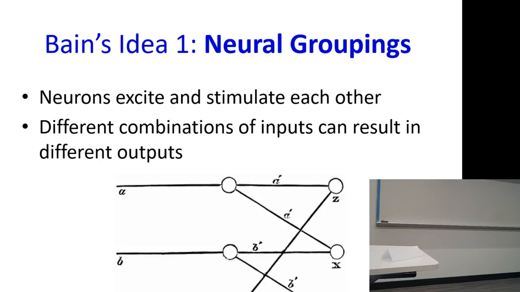I can have a single network with a fixed set of connections, and based on how the connections are formed, the network can produce different outputs for different inputs. So here, for example, if A and B fire, X is going to fire. If A and C fire, Z is going to fire. If B and C fire, Y is going to fire. So it's the same network, but different combinations of inputs are going to produce different outputs.